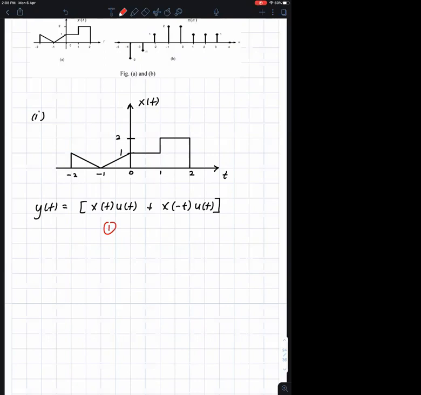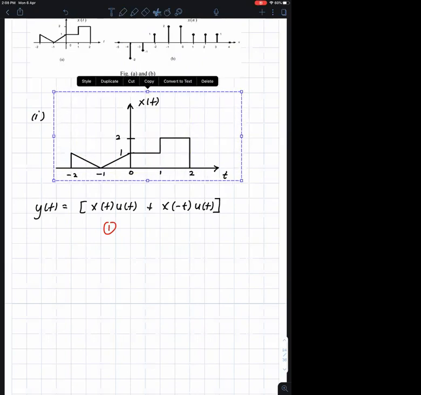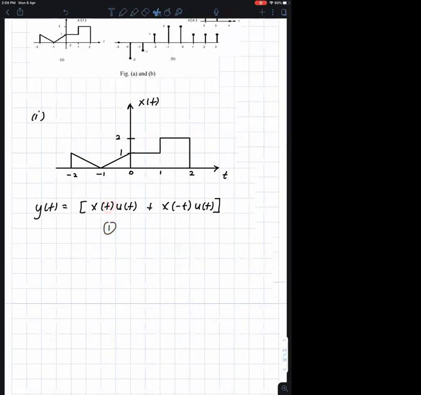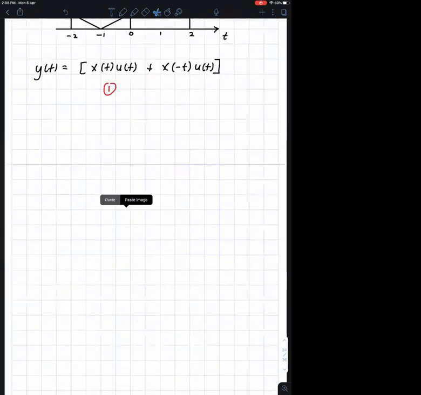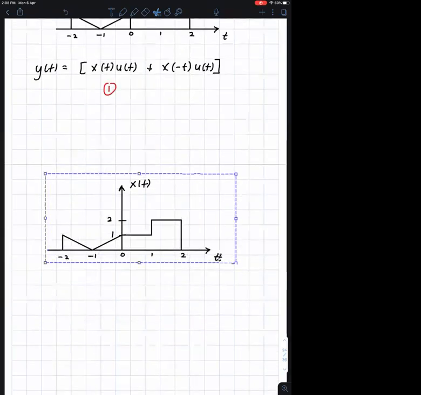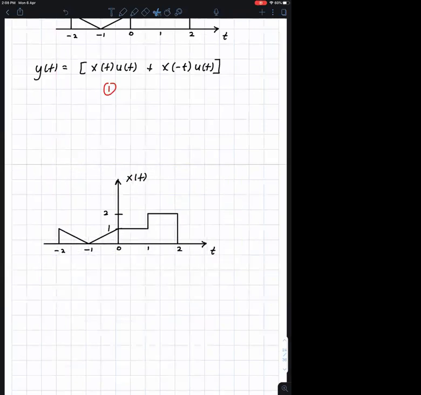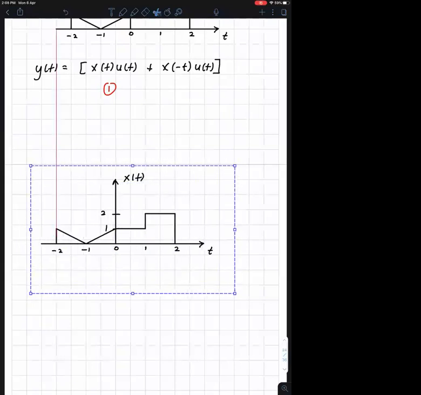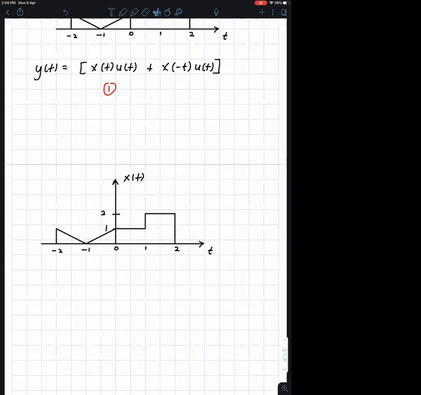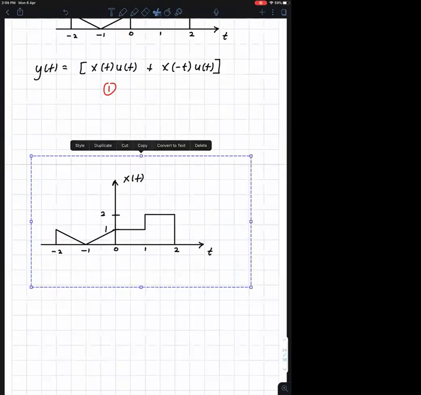That's x(t). And then you are multiplying that x(t) by u(t). Let me copy and paste that again.